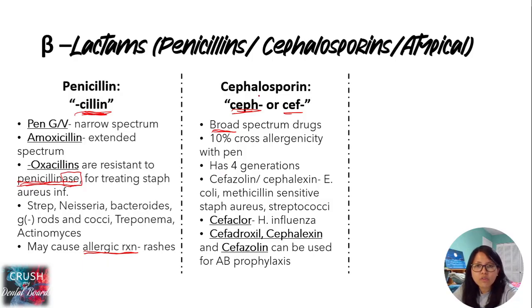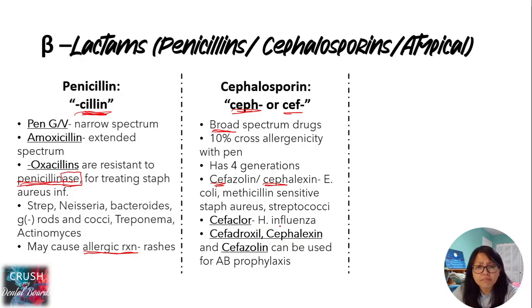Now, some examples of cephalosporin drugs. So you have your cefazolin, so you see CEF. You have your cephalexin. Now, cefazolin and cephalexin are effective against E. coli and your methicillin-sensitive Staph aureus and your streptococci. Okay. Now, cefaclor would be effective against your Haemophilus influenzae.